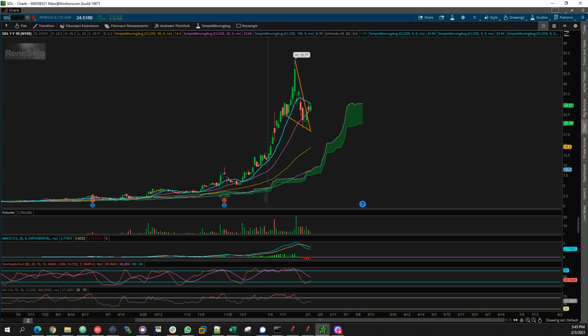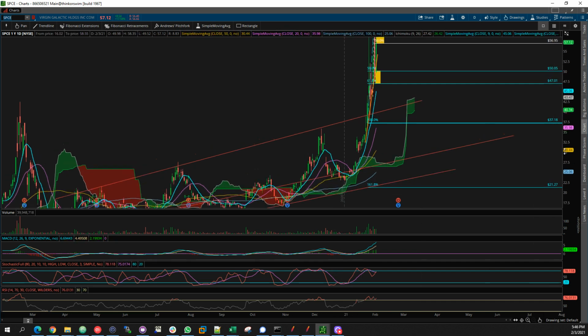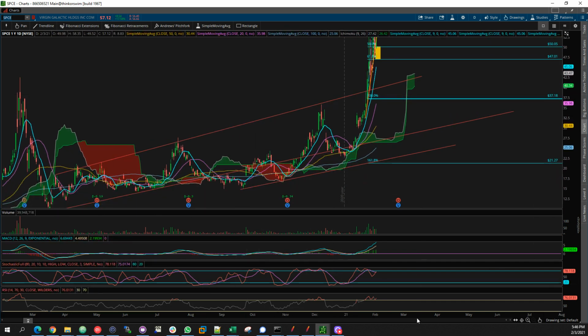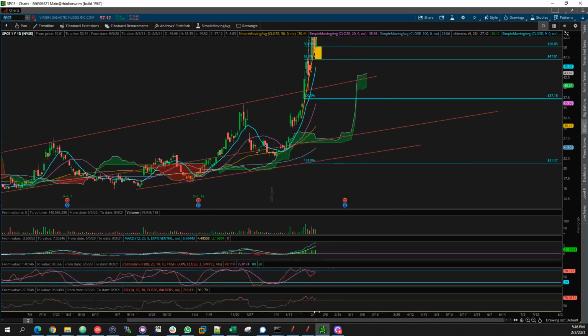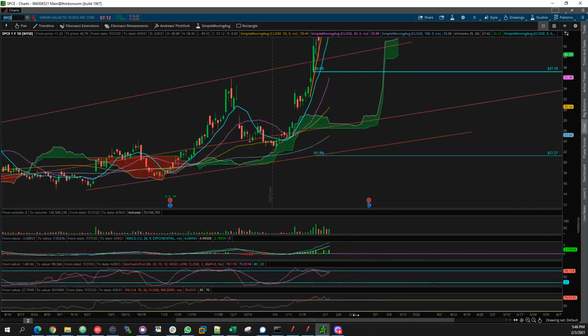Next up is SPCE, Space. Now, Space is a highly shorted, highly bullish name that I was in right around here. Remember, yeah. So this is a perfect example from the previous name, which was SOL, right? ReneSola.